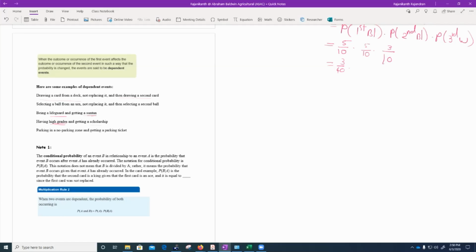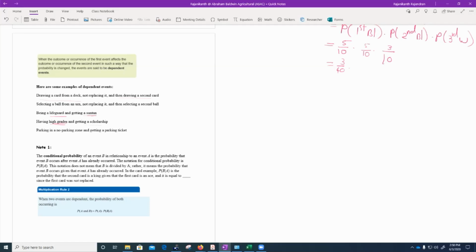So there's a connection between these two. The effect of getting the scholarship is based on your grades. Therefore, these two are considered dependent events. Parking in a zone parking area and getting a parking ticket. Yes, of course, these two are connected, so it's going to be dependent events.